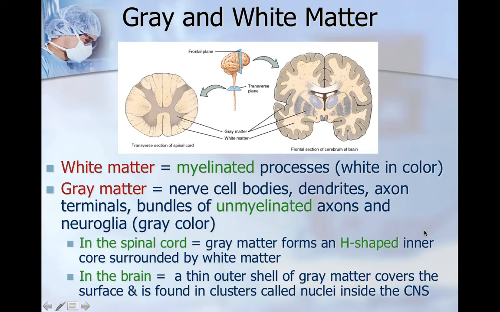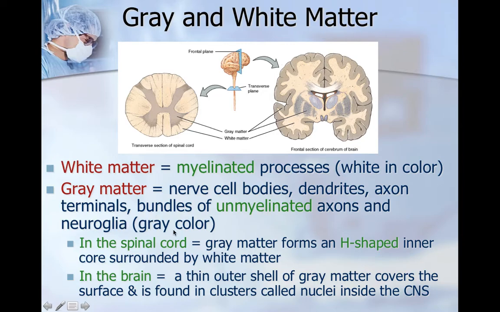Now, gray and white matter, okay? The difference between gray and white matter in the central nervous system or in the peripheral nervous system as a whole. White matter is the matter that's myelinated. It's white in color, all right? Gray matter are the nerve cell bodies, which includes the dendrites, the axon terminals, and the bundles of unmyelinated axons in neuroglia, okay?